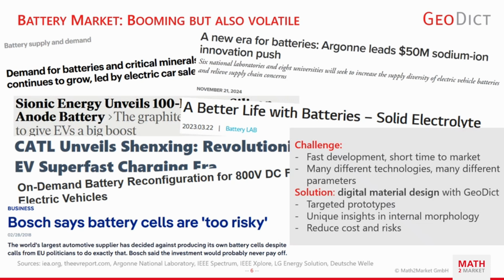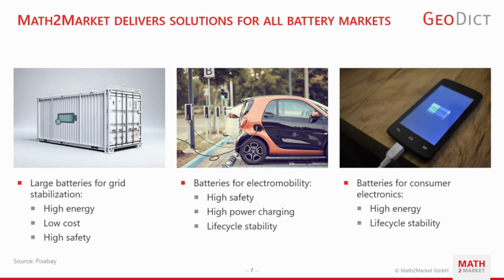So with digital material design, we believe that you can reduce the costs and also the risks in this battery design process. And this enables you then to adjust the battery to the application that you have. Like, for example, now for grid stabilization with a lot of renewable energies in the electricity system, you want very large batteries, like a container from a ship.